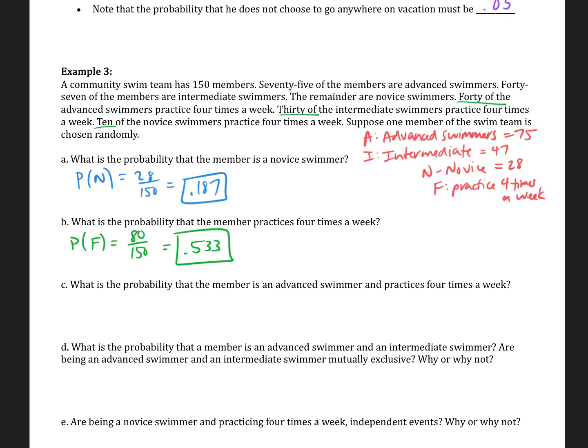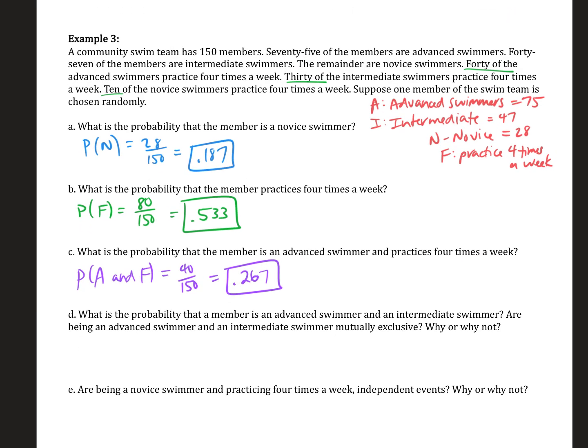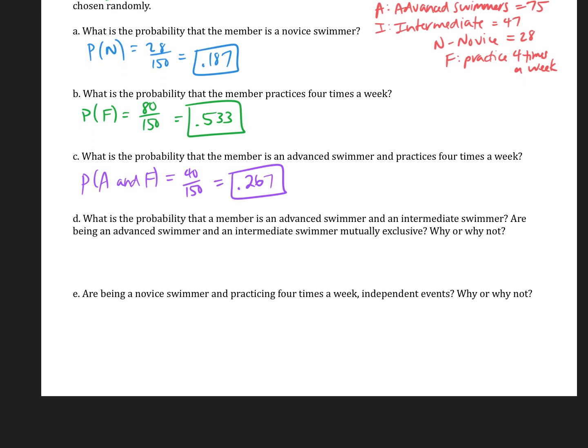What's the probability they are an advanced swimmer and practice? So this is probability of A and F. So what is the one that combines both of them? What's that number? 40. What is the probability the member is an advanced swimmer and an intermediate swimmer? 0.